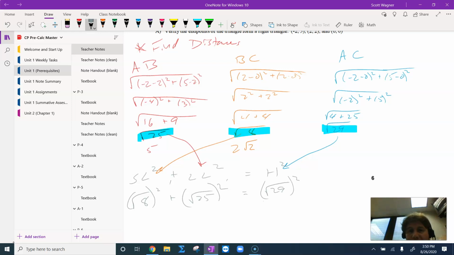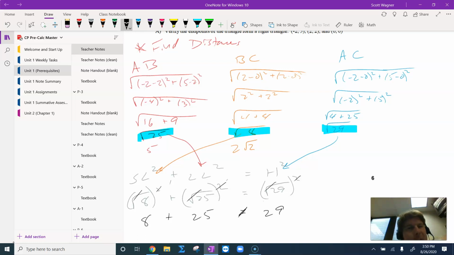I could have used 5, but I don't have to, because the square root and the squaring drop out. This is 8, this is 25, this is 29. 8 plus 25 equals 29? No, it doesn't. 8 plus 25 does not equal 29.